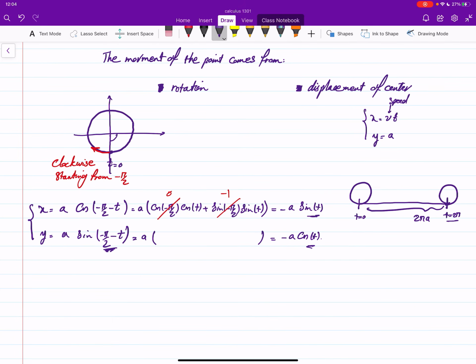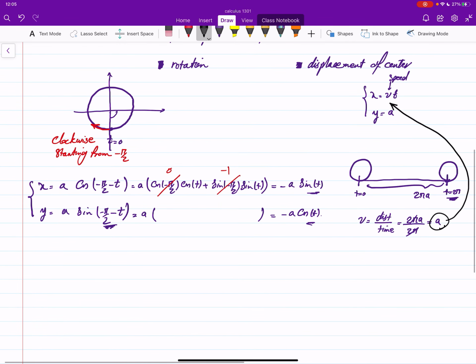The time taken to do this is 2 pi. So the speed at which the center moves is the distance divided by the time, 2 pi a divided by 2 pi, which is a. Yes, we found what that speed is.